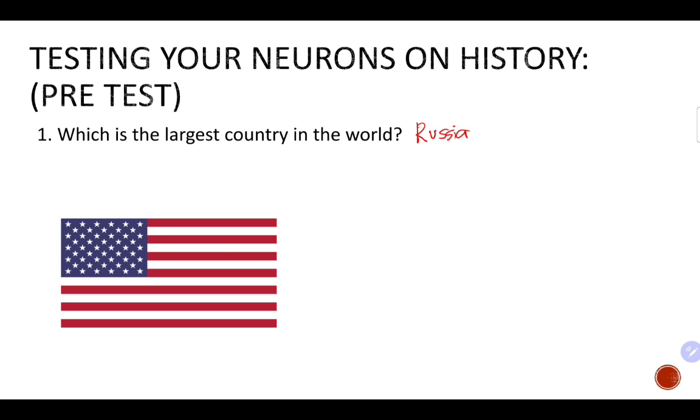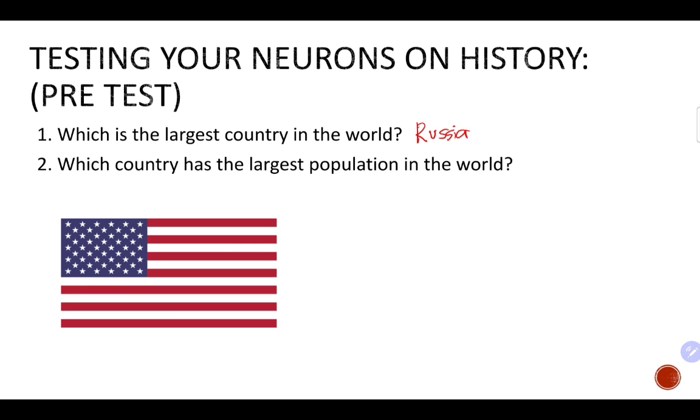Okay, second question. Which country has the largest population in the world? When we say population, this is the number of people who are living in that particular area. So which one has the largest population?